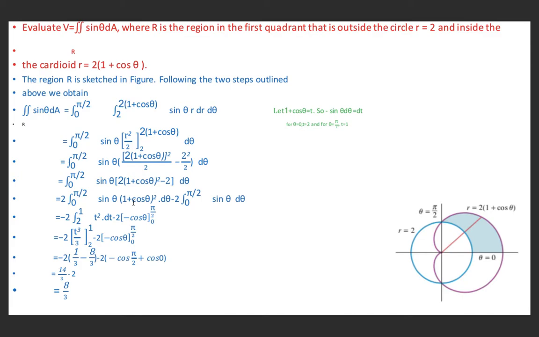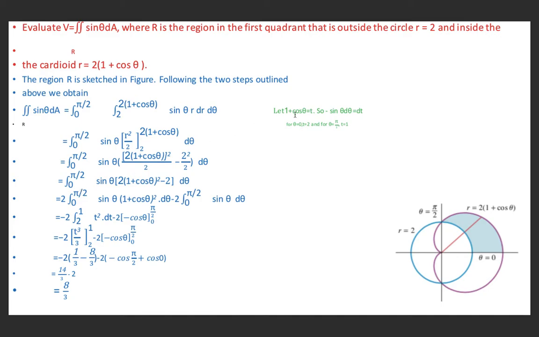We substitute 1 plus cos theta equal to t, because otherwise it will be complicated to evaluate. If we put 1 plus cos theta equal to t, then the derivative of cos theta is minus sine theta, so minus sine theta d theta is dt. Now the lower limit is 0 and the upper limit is pi by 2.